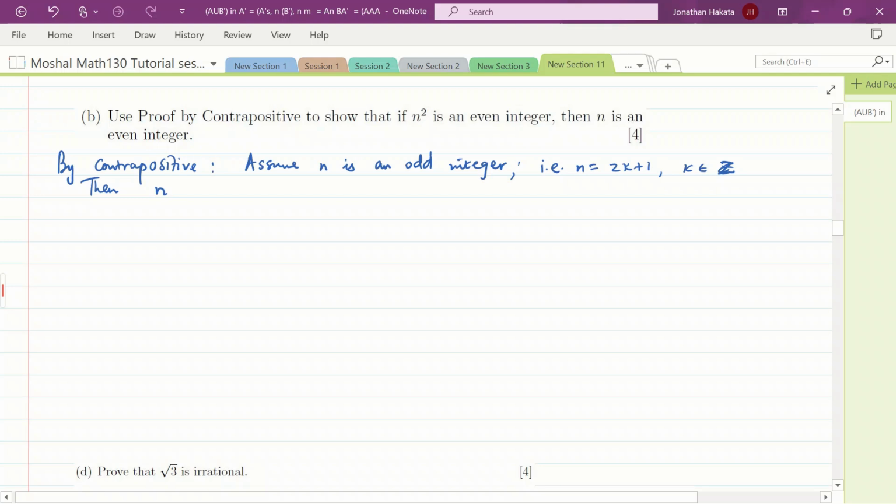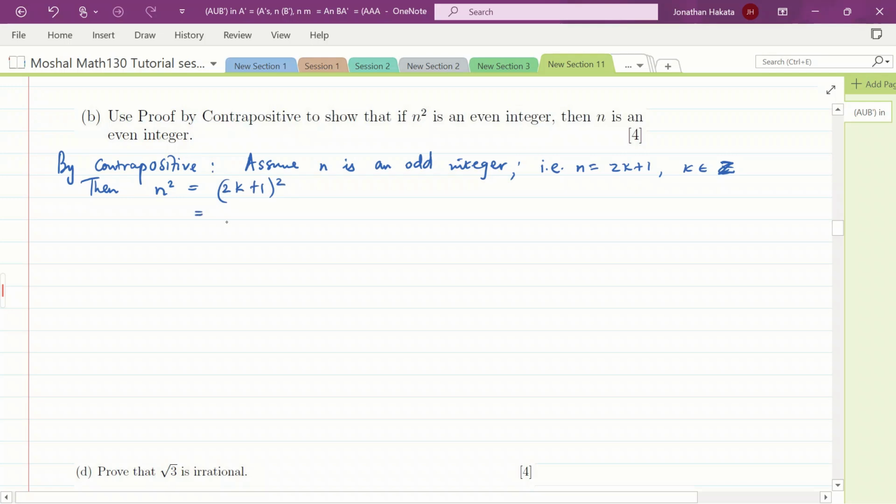The contrapositive is that we are assuming that n is odd. Then it means n squared is odd. We should show that n squared is odd. So n squared is equal to, we take our definition, 2k plus 1 all squared.